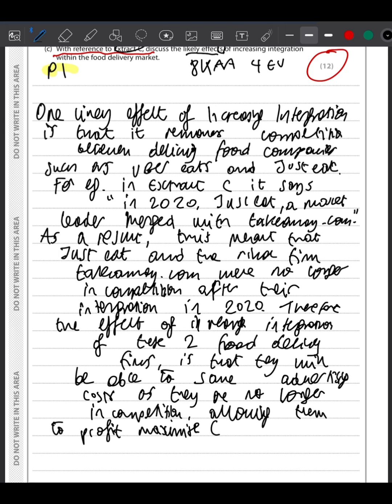When you say profit maximize, it would be really wise to write MC equal to MR. Okay, so that's our paragraph done.